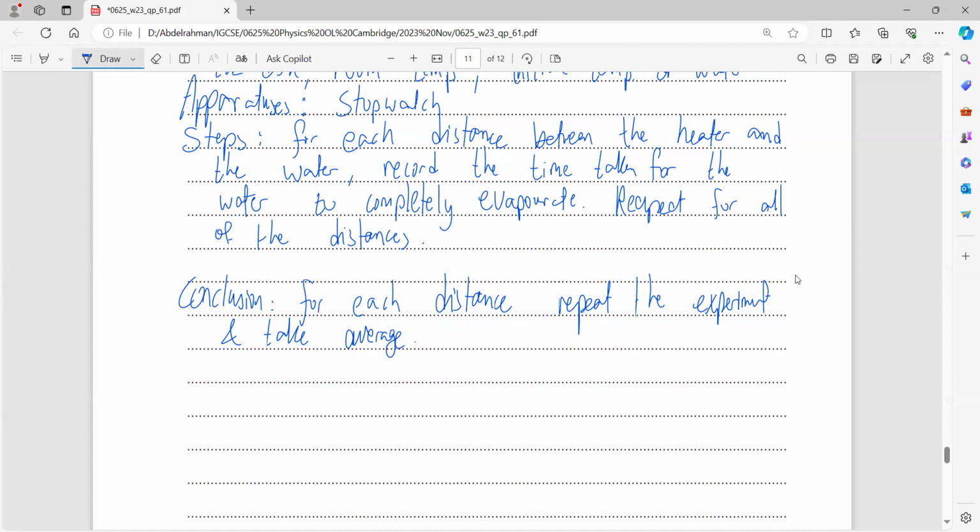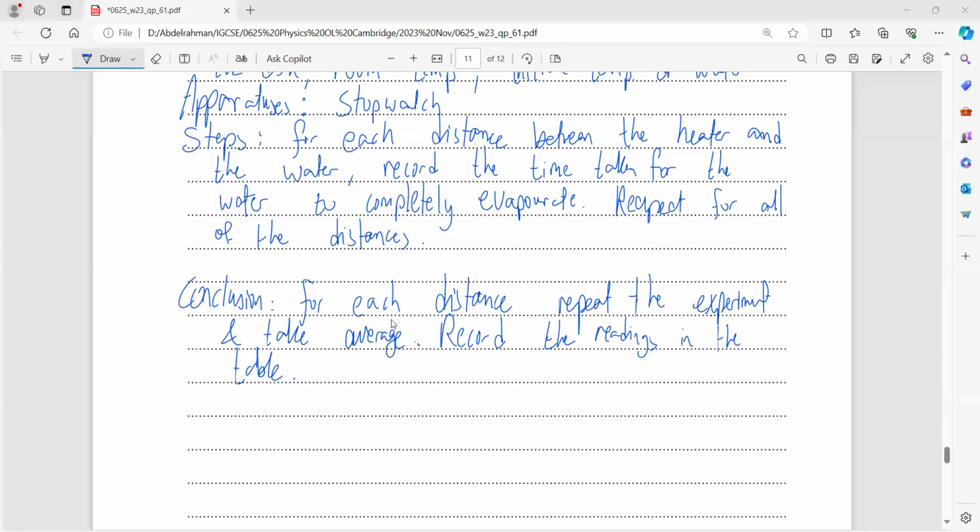Again, I told you we have 3 points to write down in the conclusion. Repeat and take average. Then record the readings in the table. After I record the readings in the table, what should I do? Then compare.